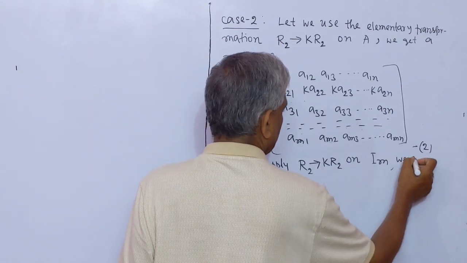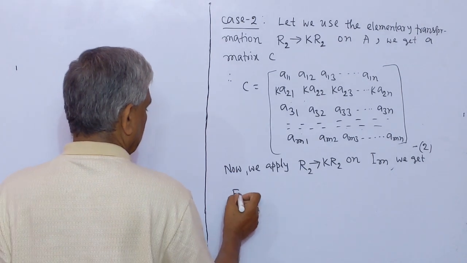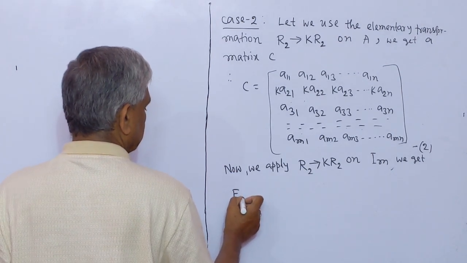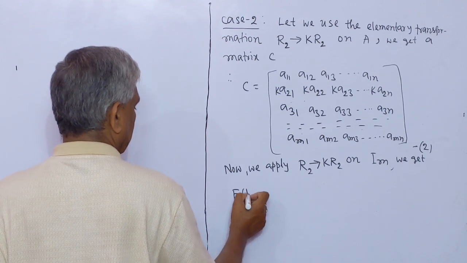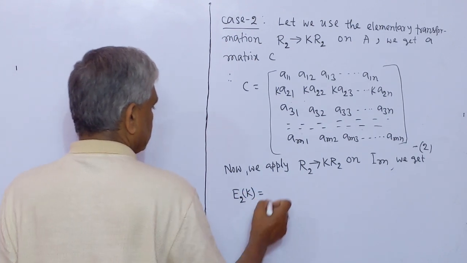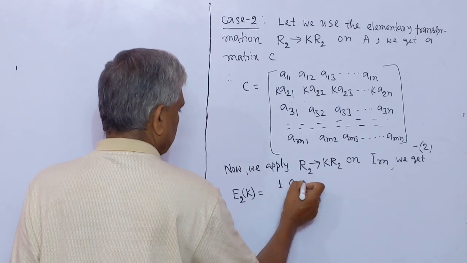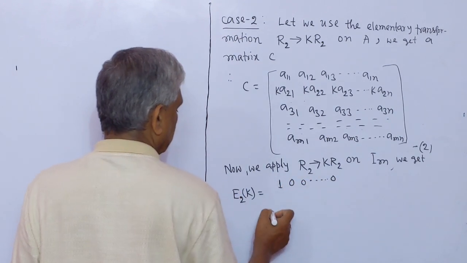We get E2K, the second row elementary matrix, E2K, means first row remains the same, 1, 0, 0, 0.